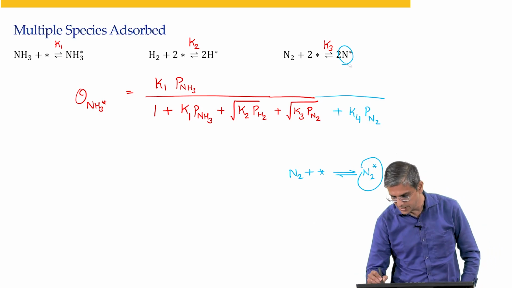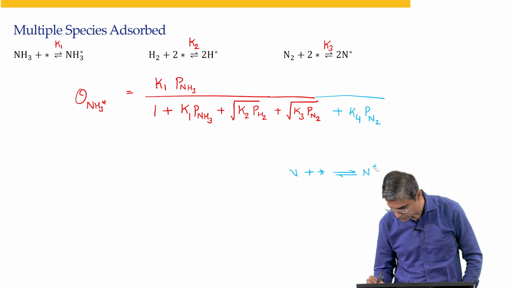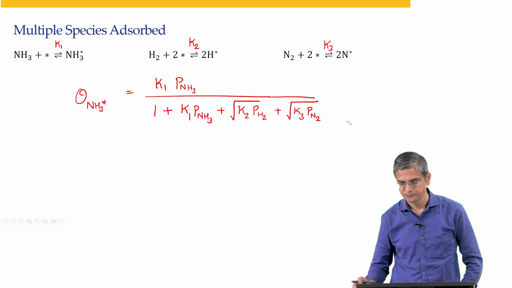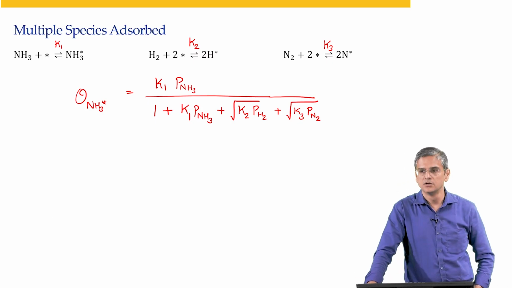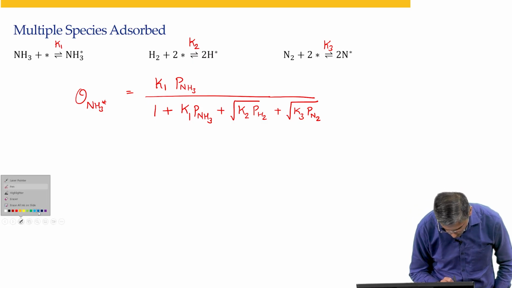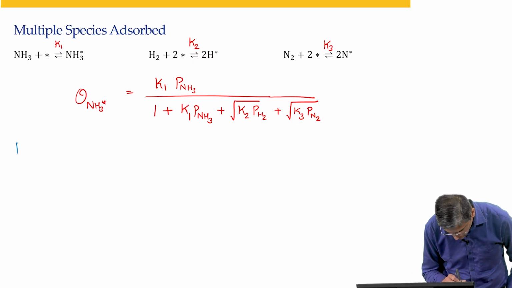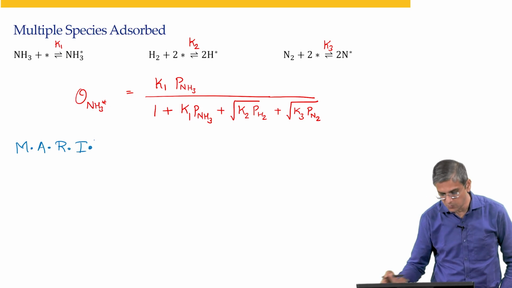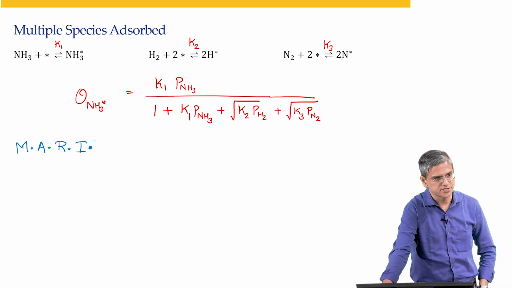Again, let me erase this, we do not want to unnecessarily complicate things. This is what we are going to get. We will introduce the next concept: most abundant reactive intermediate.